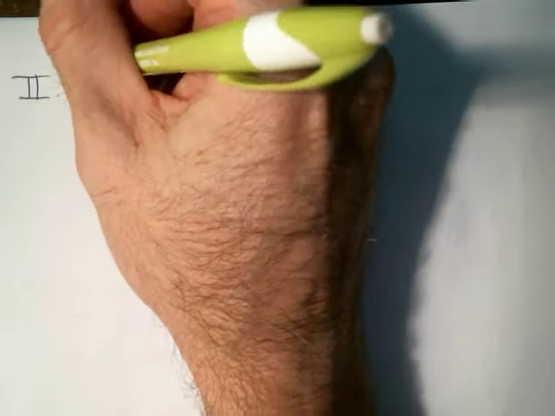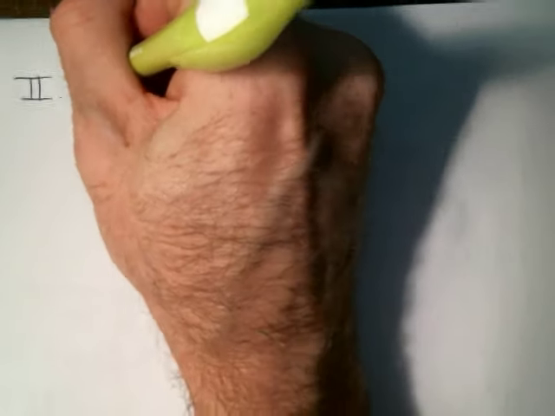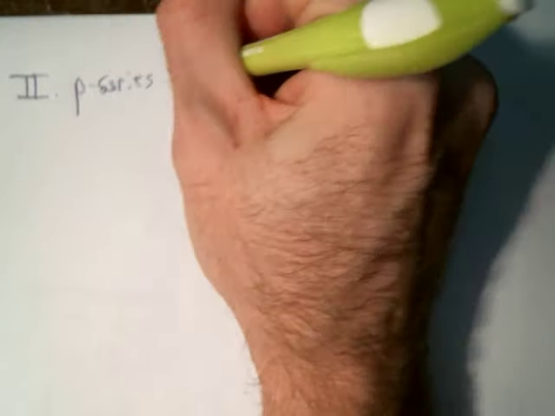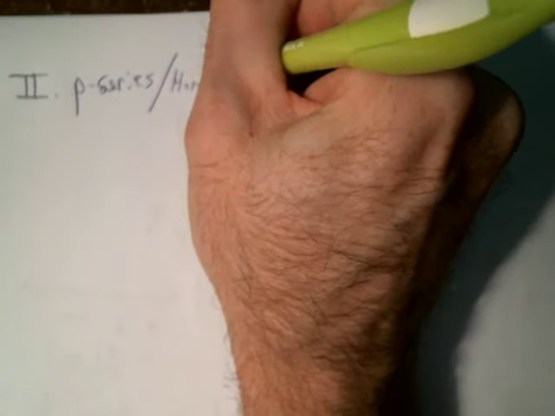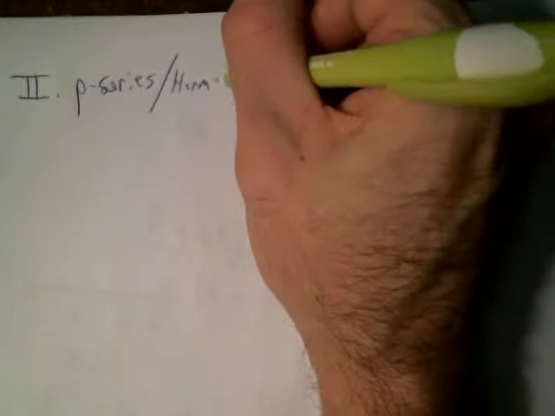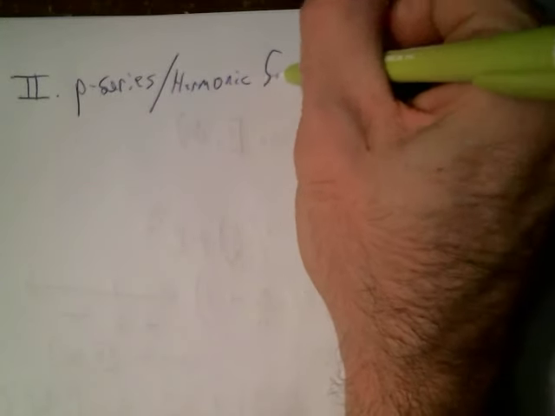Okay, so a great thing about the integral test is it'll allow us to deal with p-series, which look a lot like geometric series, but they're not. One of the p-series is called the harmonic series.